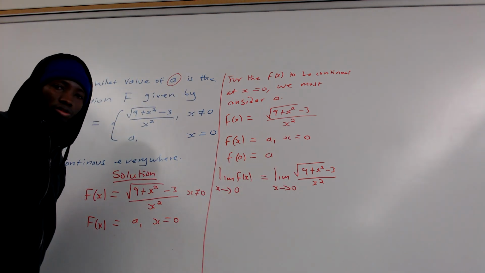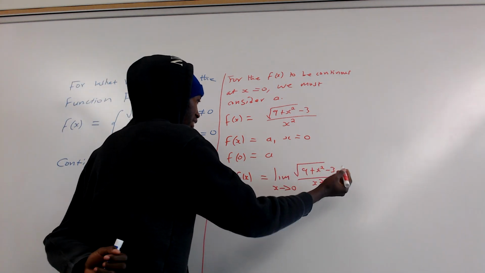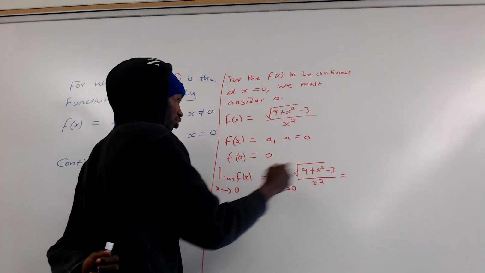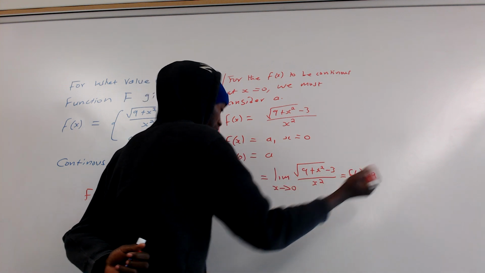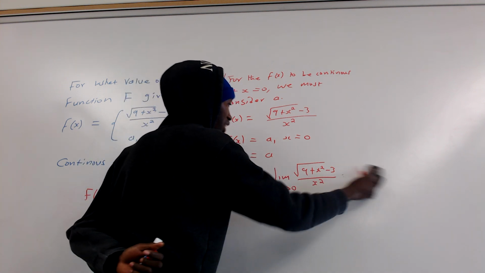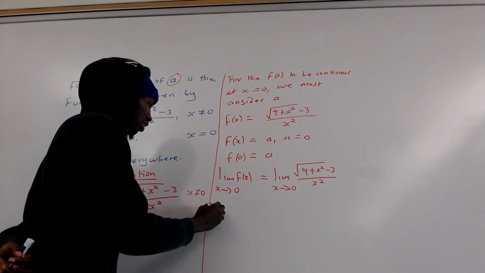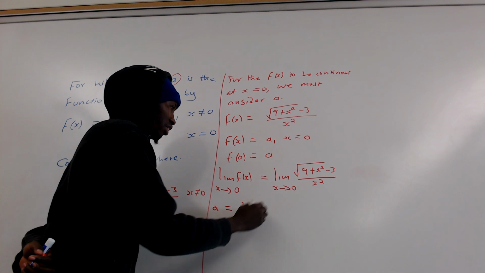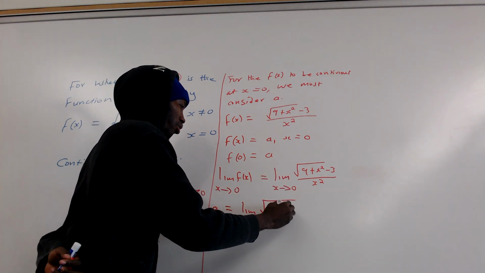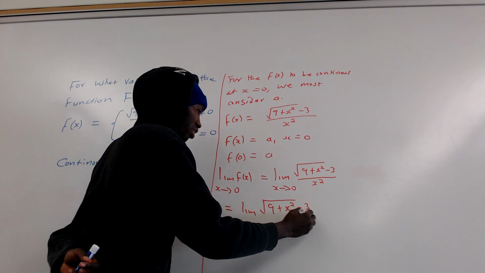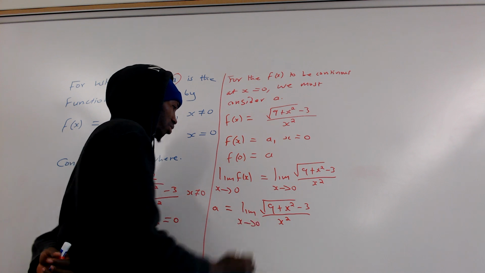But we know this is equal to f of 0, which is all equal to a. So a equals the limit of the square root of 9 plus x squared minus 3 divided by x squared, wherein x tends to 0.